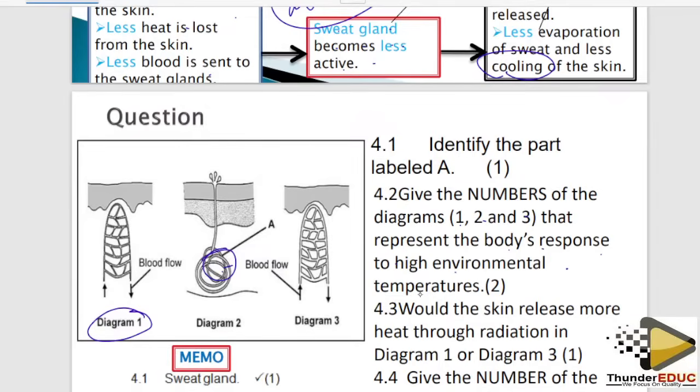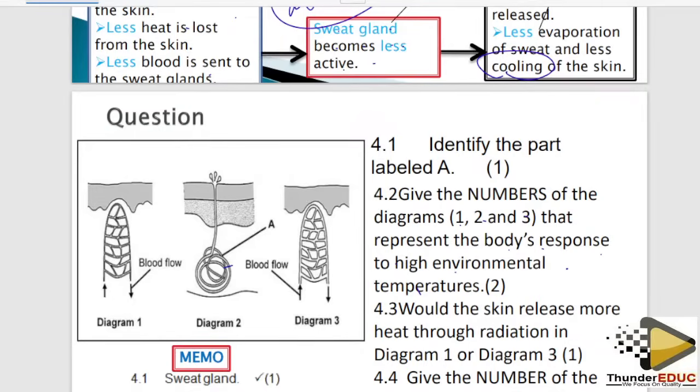Here we have to look at, what do I look at if the temperature is high? If the temperature is high, you need to look at the blood vessels. They must be dilated, and you need to look at the sweat being produced. You can't look at the sweat gland, because with the sweat gland you don't know whether it's more active or not.